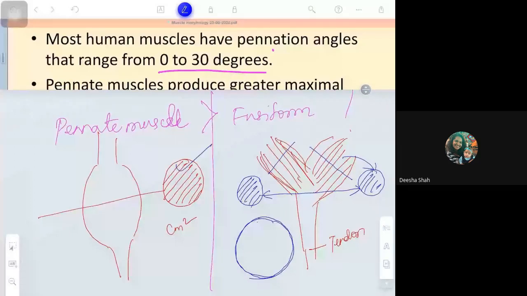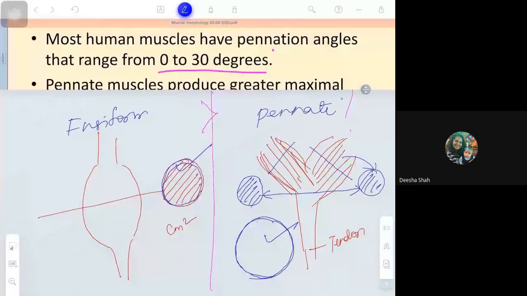Fusiform muscle cross sectional area is less, sorry, I made a mistake. This is fusiform and this is pennate. Clear? So the pennate muscle has greater cross sectional area, because you are making the cross section at different areas.